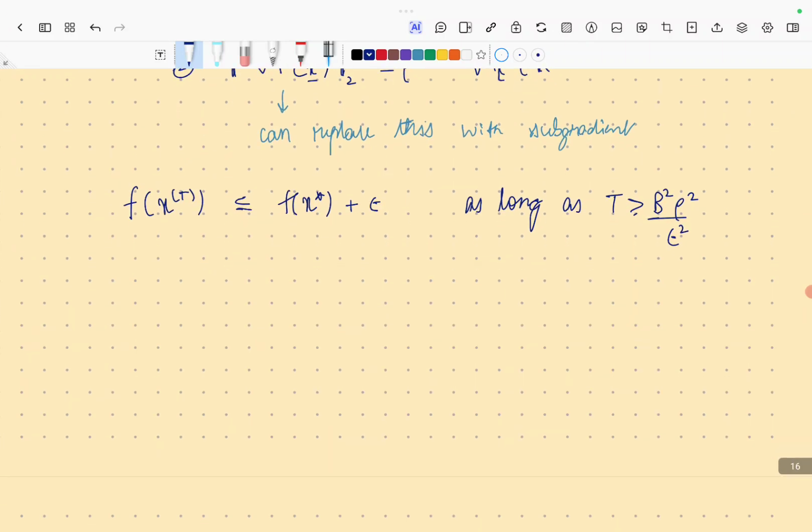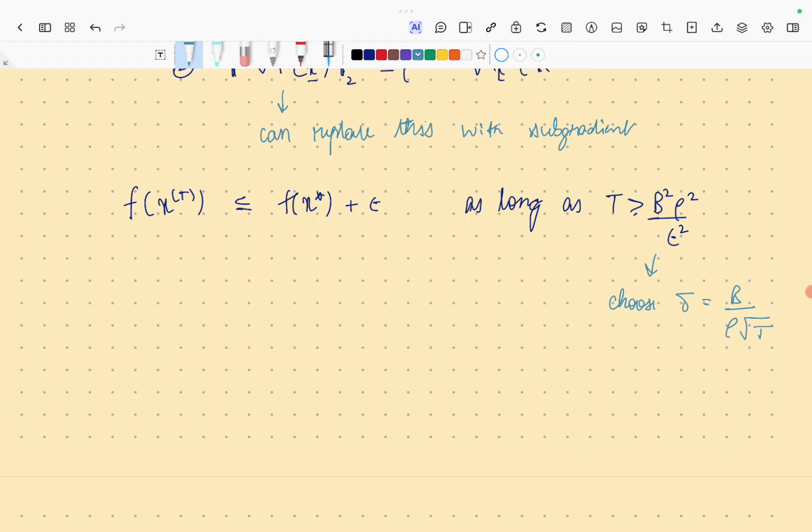All right, but there's a slight caveat here, and that is we have to choose delta to depend on b, rho, and epsilon. And in fact, we choose delta to be equal to b divided by rho times square root of t.